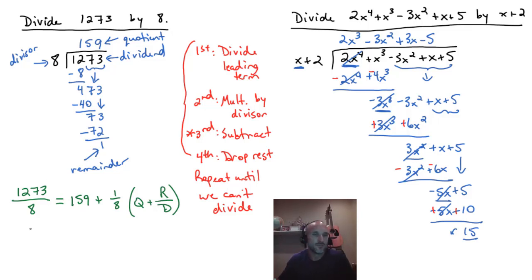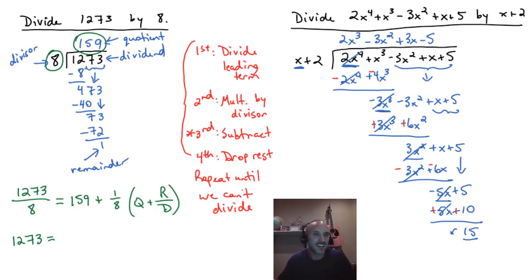Another common way is just to think of 1273, the original dividend. The dividend is broken down into two pieces, really. 8 times 159, because 1273 divided by 8 gave us 159 whole units.